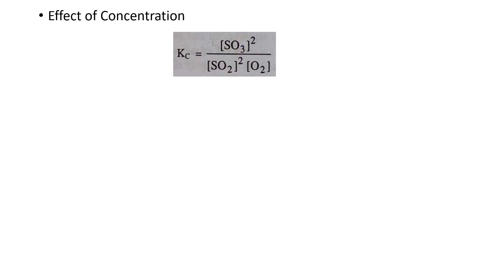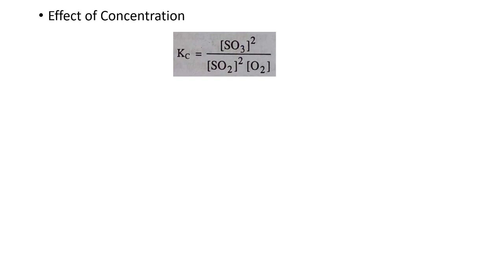So here increase in pressure will not help, so it is carried out at 1.5 to 1.7 atmosphere. Then the next parameter, that is physico-chemical principle, is the effect of concentration. Just now we have seen the equilibrium constant for this reversible reaction as mentioned here.